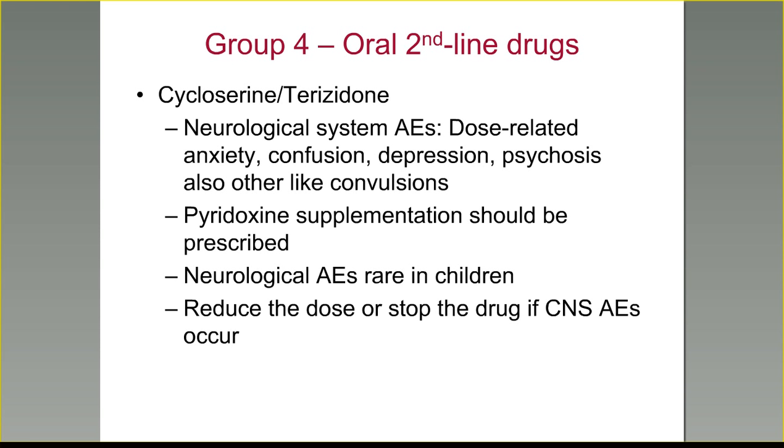It presents with anxiety, confusion, depression. It could present with psychosis, and in some cases convulsions. It is much more common in adults than it is in children. We have not seen in our children any of these side effects due to trazodone.